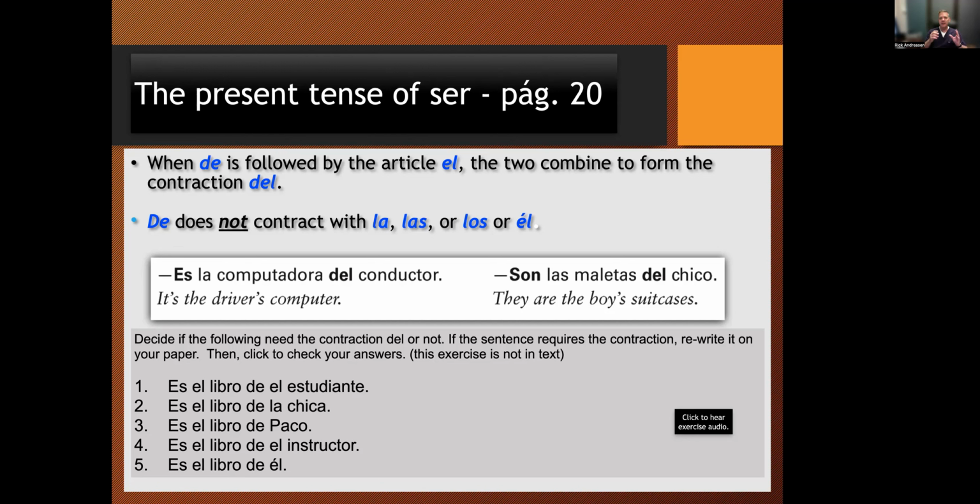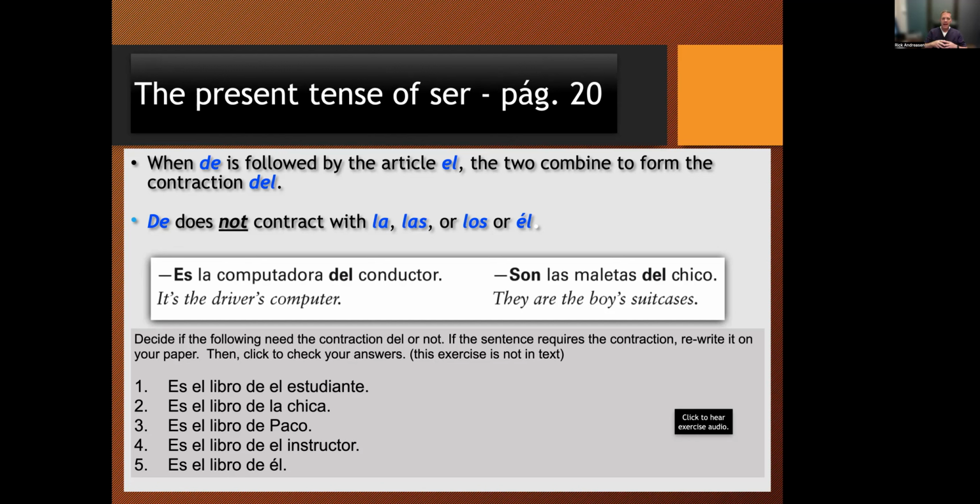Del Taco means it's a restaurant of the taco. That's where del comes from. Del does not contract with la, las, los, or él with the accent, which means he. Remember, there are two different words. El without an accent is the definite article. Él with an accent is a subject pronoun that means he. So de does not form a contraction with that él, with the accent.